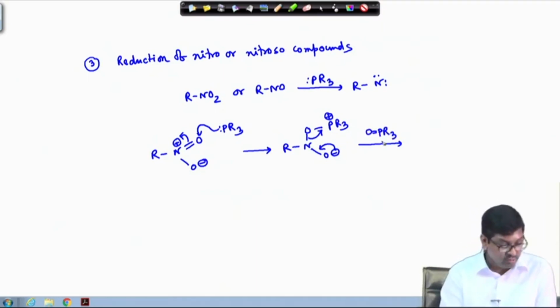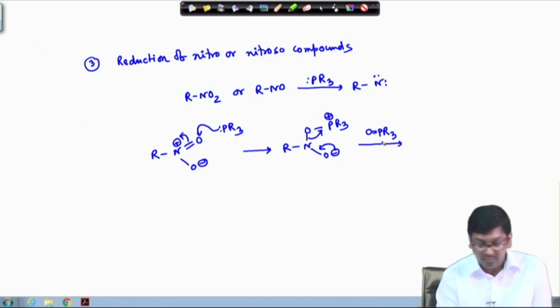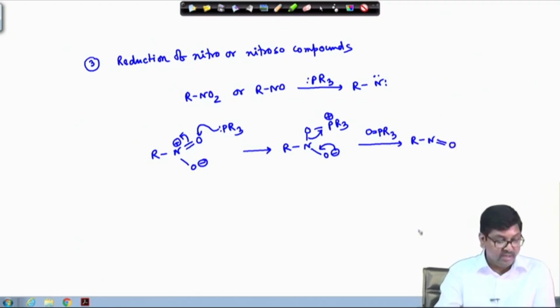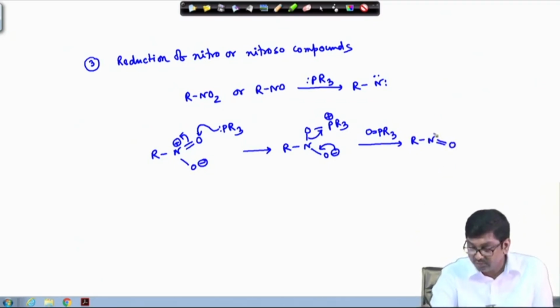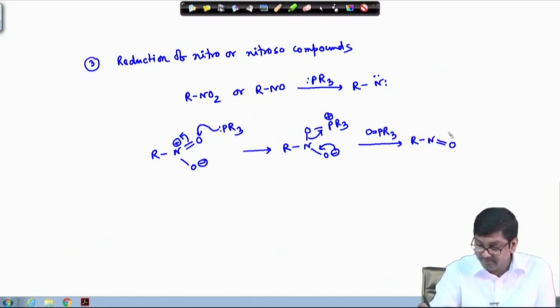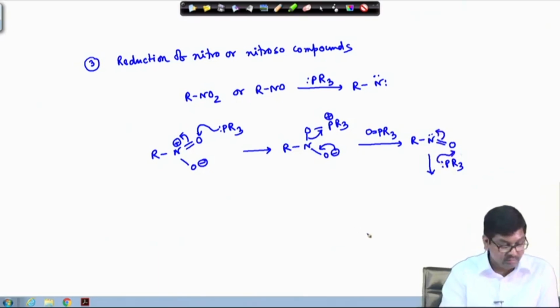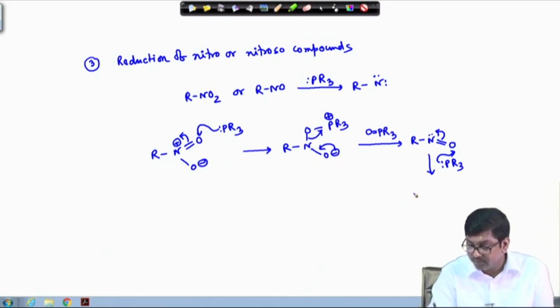So, once it is eliminated, then it will form the corresponding nitroso, and once you have this nitroso, then again in the presence of phosphine.